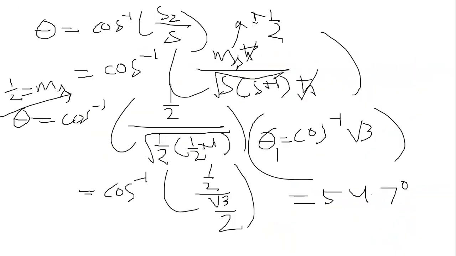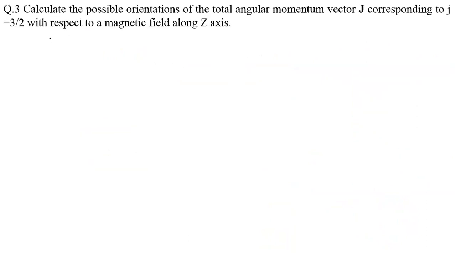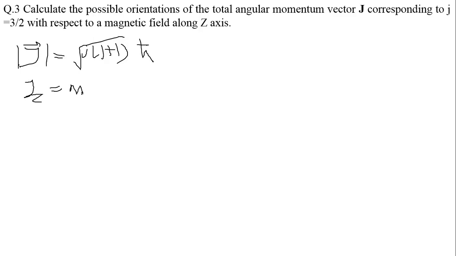Similarly for S and J. For J, the magnitude of the J vector will be root of J into J plus 1 times h cross, and its z component, Jz, will be MJ h cross, where MJ will be how much?